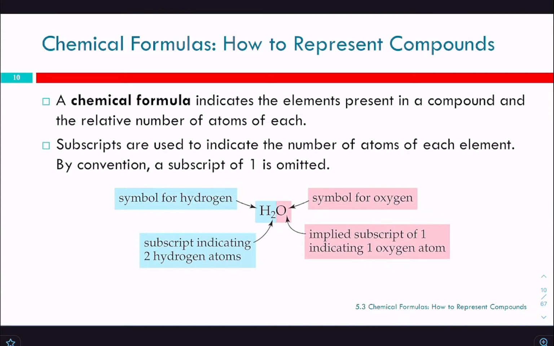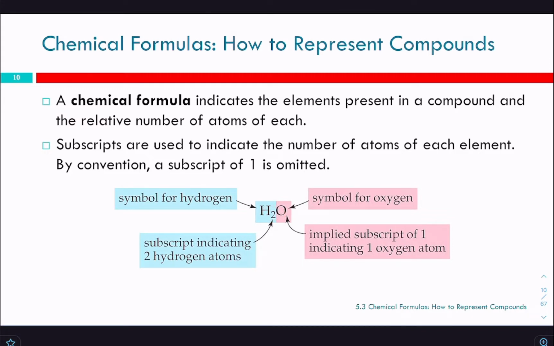So we've seen chemical formulas up till this point, but we haven't really talked about what they are. Our chemical formula indicates the elements present in a compound and the relative number of each of those elements. And we indicate that relative number by using subscripts, the small number to the bottom right of the letter or symbol.